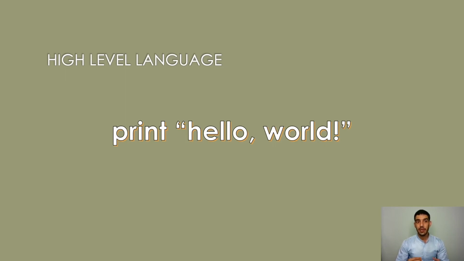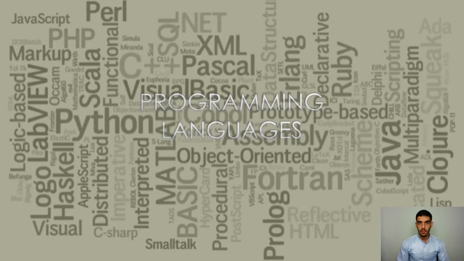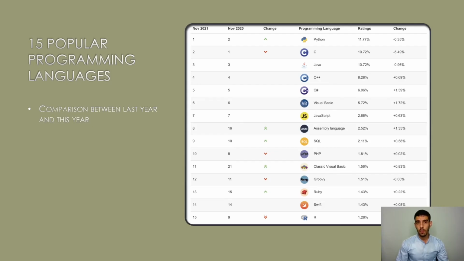Right now in our era, we can use high-level languages to talk to the computer. However, there are a lot of programming languages. Each language has its own specifications and its own programming paradigm, and that's why we have a lot of them, not only one. The top languages in 2020 and 2021 are these.